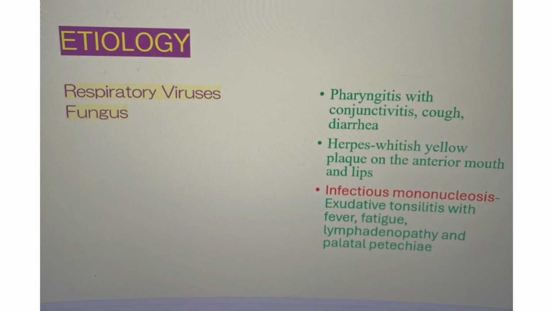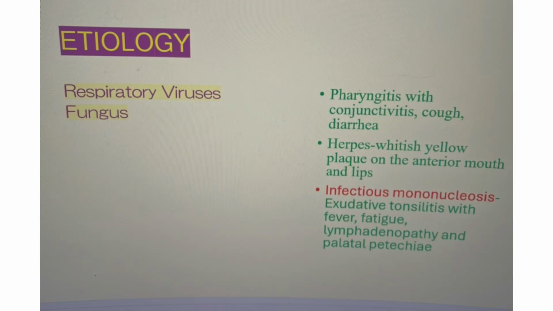Next is the etiology of pharyngitis. In this slide, we will talk about the viral causes and the fungal causes. First, respiratory viruses, for example respiratory syncytial virus, and others like adenovirus, coronavirus, influenza virus, and parainfluenza virus. Viral pharyngitis is often accompanied by conjunctivitis, cough, and diarrhea.